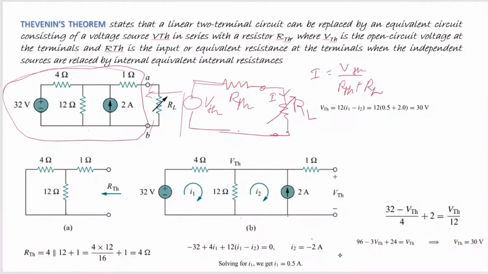So you have replaced the circuit with this circuit. Now connect the RL you removed and find the current using the formula I equals VTH divided by RTH plus RL.